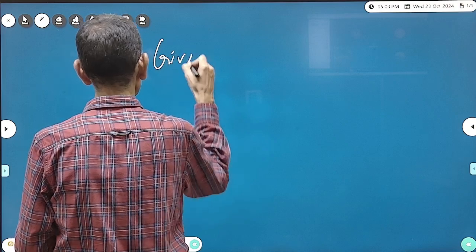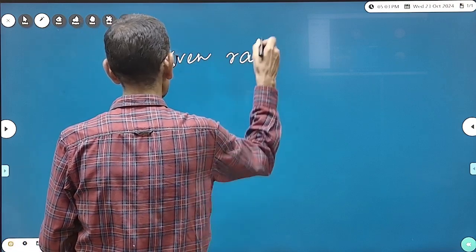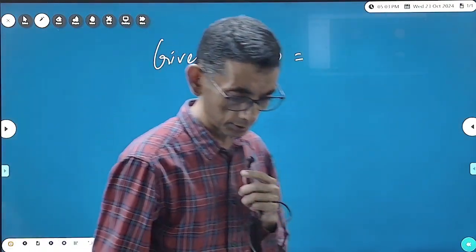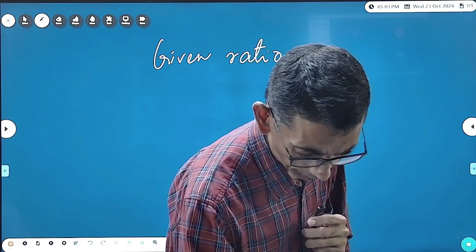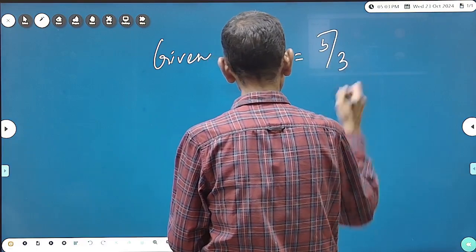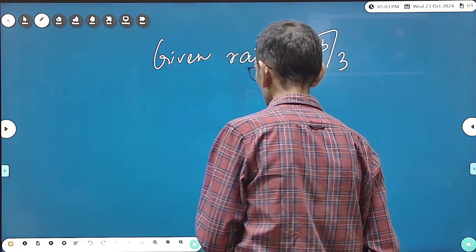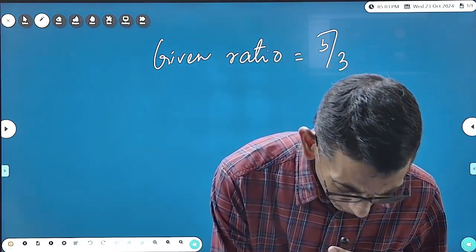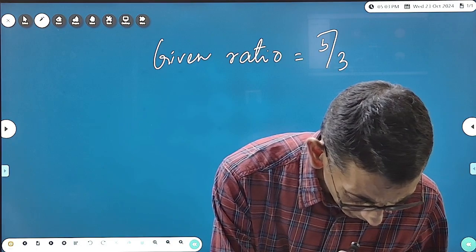Given ratio is 5:3, 10 years hence the ratio would be 3:2. Find their present ages, right?